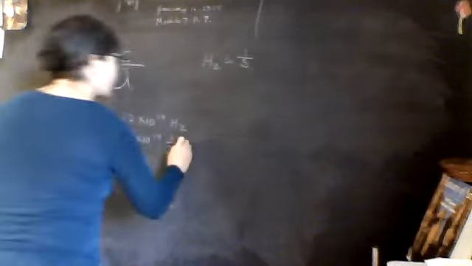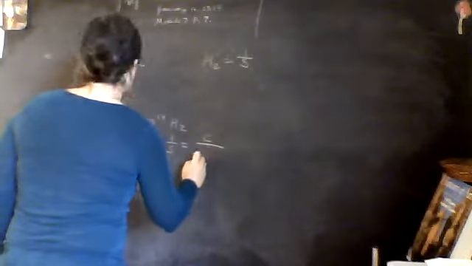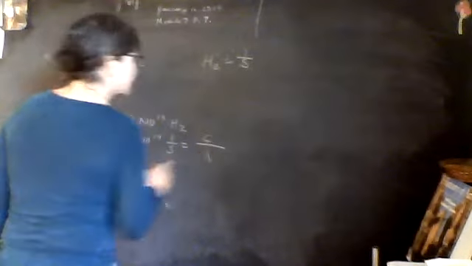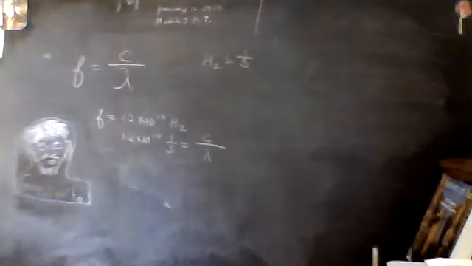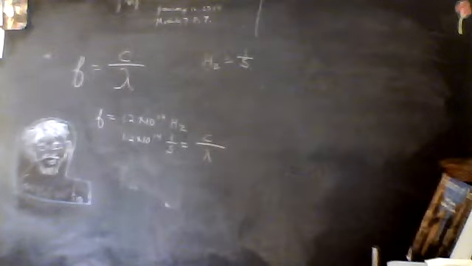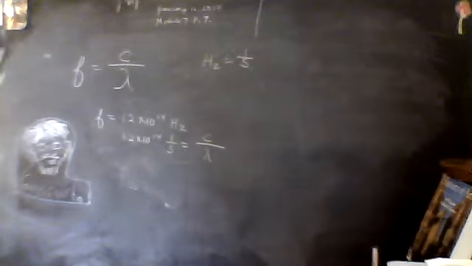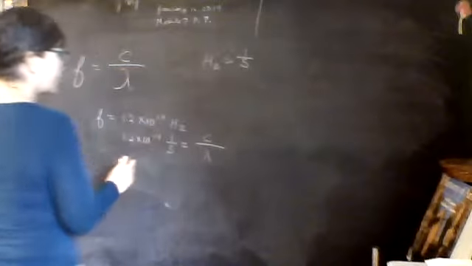Now, we also have to know the speed of light. It's 3.0 times 10 to the 8 meters per second.